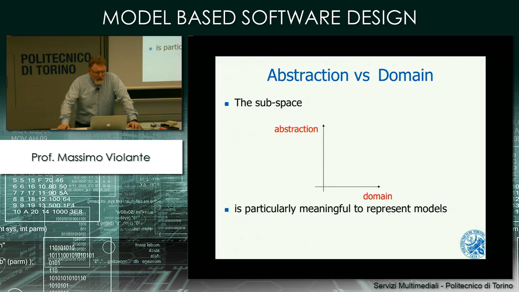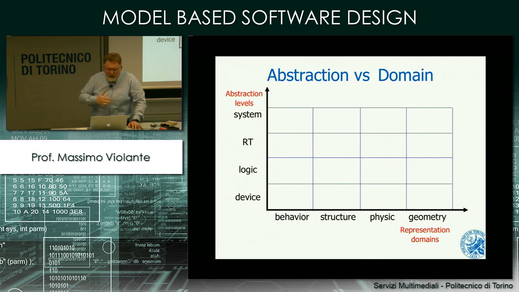So on one axis, you have the abstraction, so the amount of detail you want to put in your model. The other axis is the domain, that is the features that are relevant for the model that you are building. This is coming from the digital design theory, where you can find these abstraction levels and these representation domains.